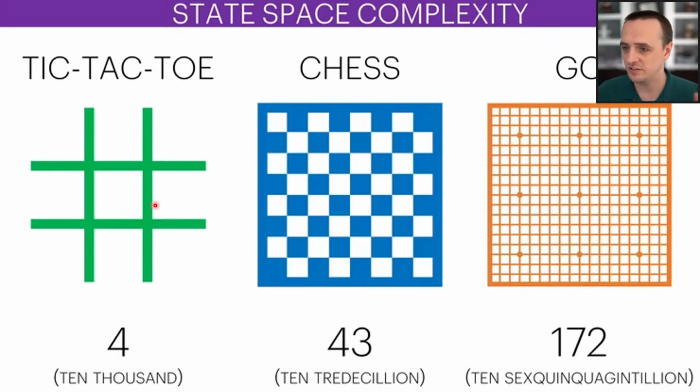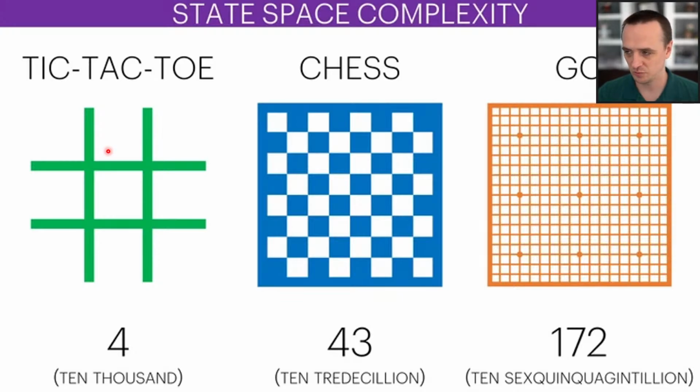But what we see here is we asked the question, could we just search all of the moves for the entire game, right? So if we want to answer that question, we should figure out how many moves there are. So for tic-tac-toe, this is just the number of possible states that there are in a game.